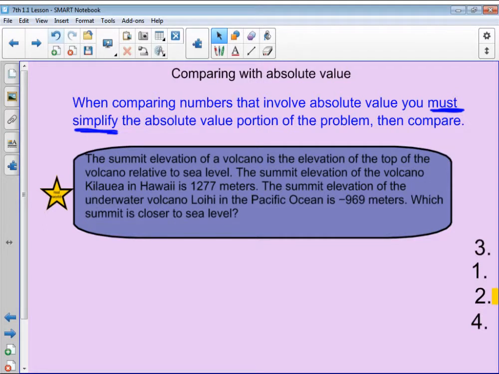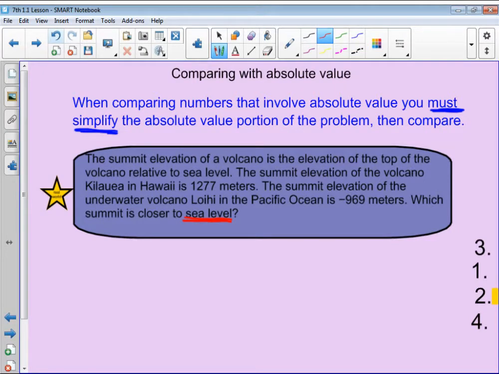So here we kind of have to think of sea level as the zero mark. If you were to think of sea level as the zero mark, the question is asking which of those numbers is closer to zero. So if we're just comparing integers, which of those numbers is closer to zero?